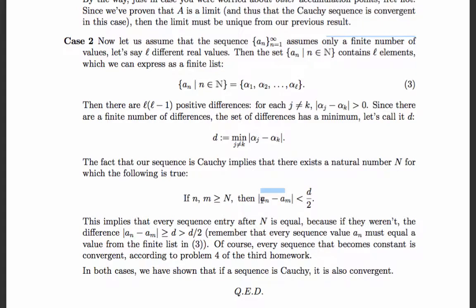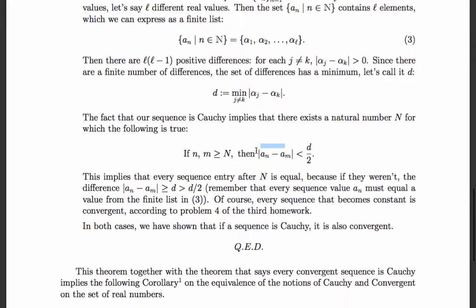Right? Because the smallest non-zero difference is D. So if the difference is less than the smallest possible non-zero difference, the only remaining possible difference is 0.